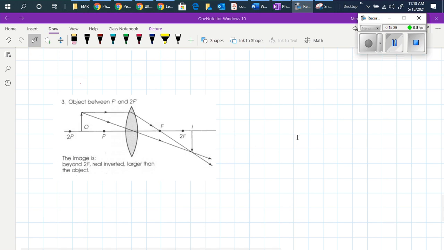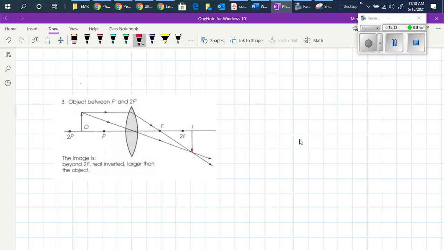A third case is when the object is between the center and the focal point. If we apply the two rules, then we will find that the image created is real. Why is it real?